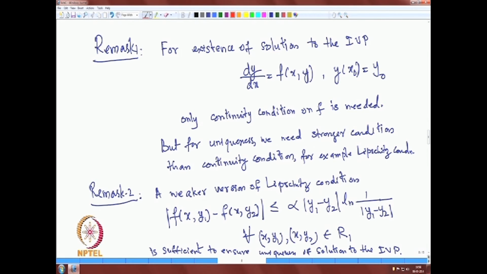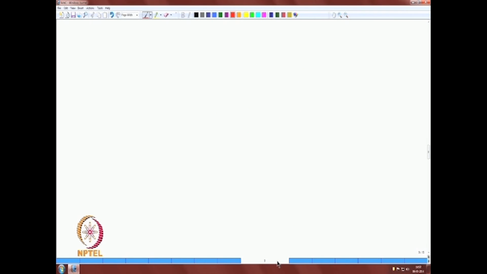Now, we look into the Cauchy-Peano theorem on existence of solution that requires only a continuity condition on the function f. So, now we look into the Cauchy-Peano existence theorem.